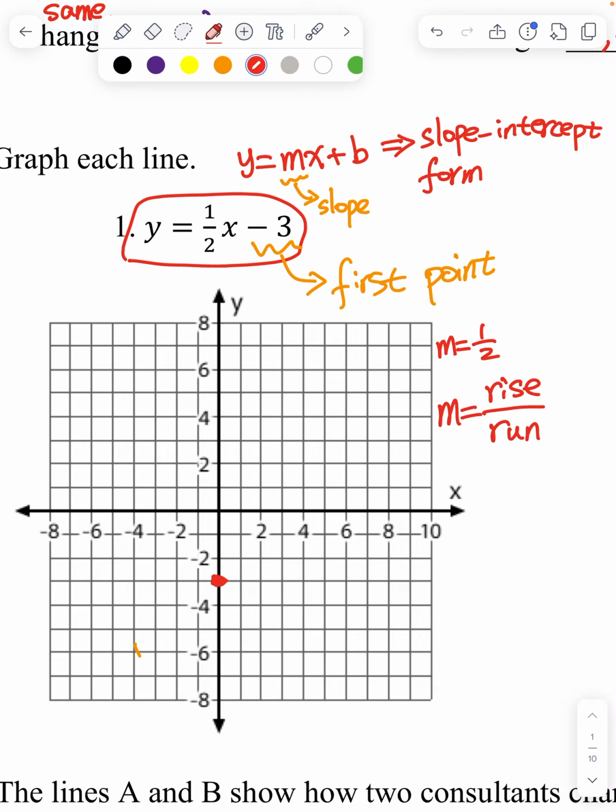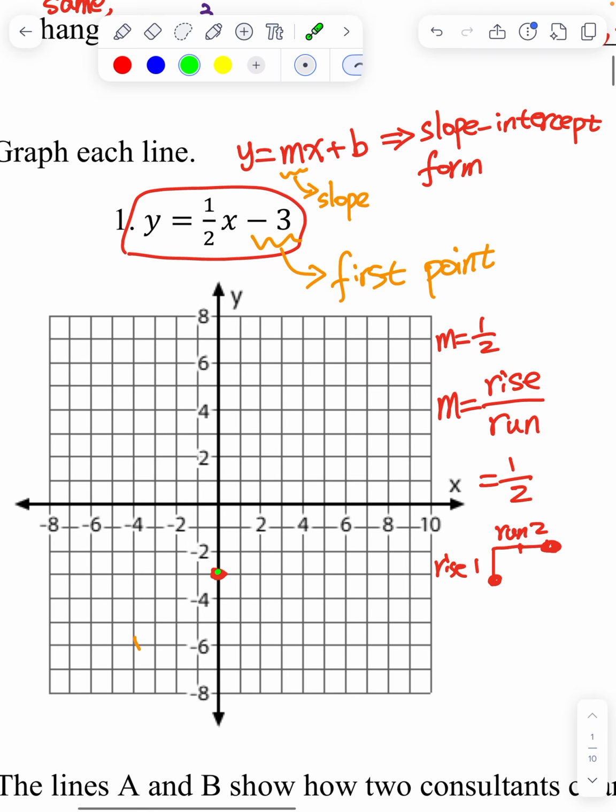So when the slope equal to 1/2, that means from your first point, you're going to go up 1 unit and then go run 2 units. So this is rise 1, run 2. Yeah? And then you find the second point. So I'm going to go up 1, run 2, find the second point.